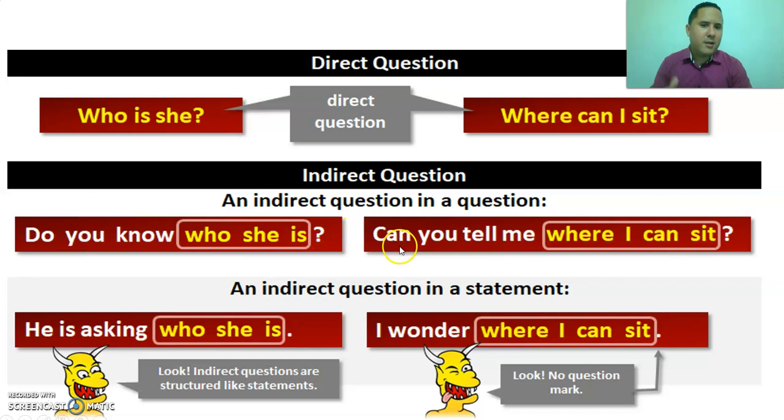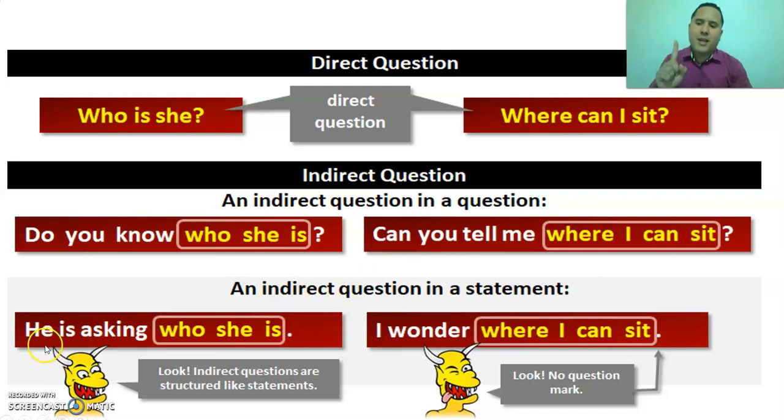The second, can you tell me where I can sit? Okay, not where can I sit? No, where I can sit. So that is an indirect question inside another question. Now, the third part is an indirect question inside a statement.